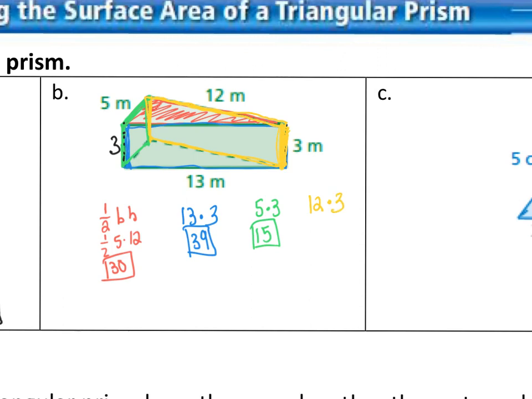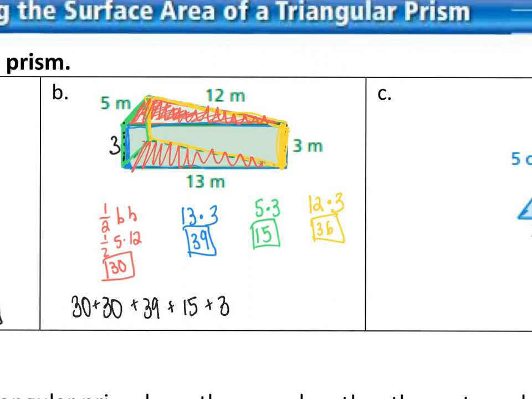Okay, 12 times 3 we know is 36. Okay, but remember, we need to count our triangular base twice because there's 2 of them. Okay, so we get 30 plus 30 plus 39 plus 15 plus 36, which gives us a surface area of 150 meters squared.